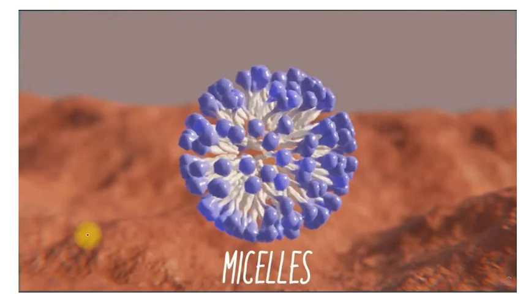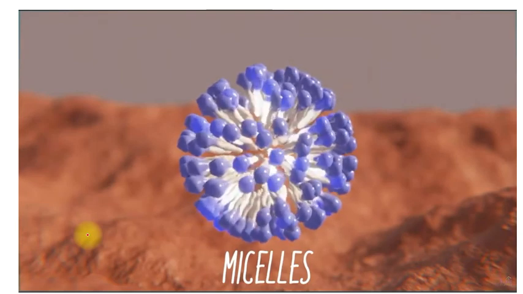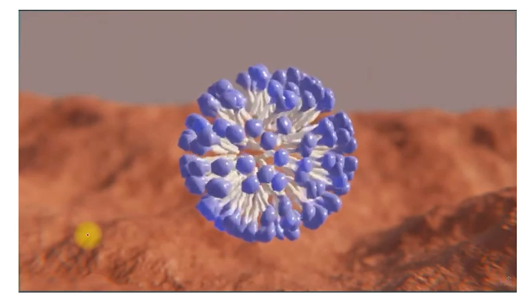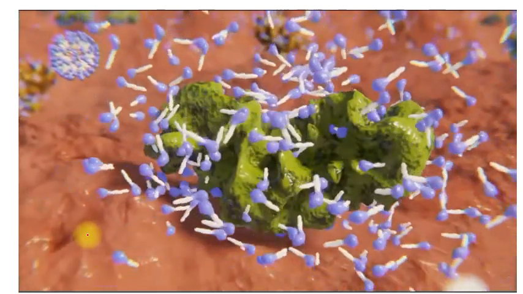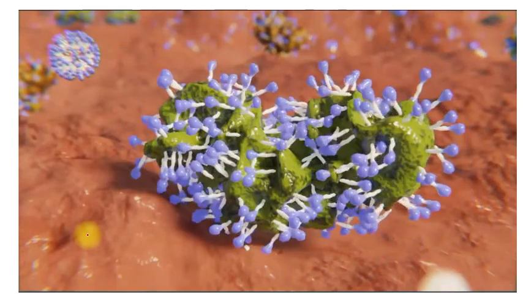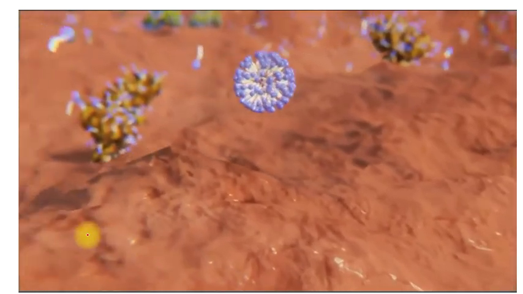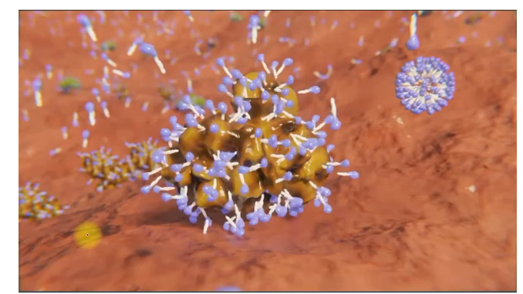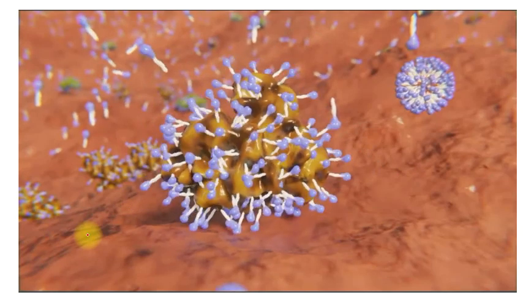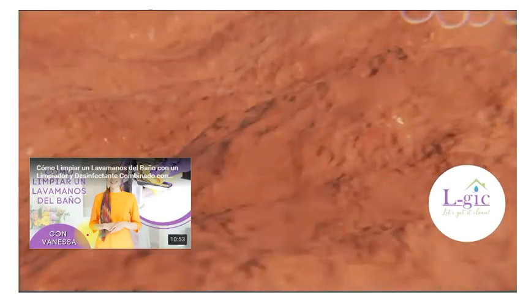If we take a closer look at a micelle, we see the water-loving heads on the outside of the beads closest to water and the water-hating tails on the inside of the beads keeping away from water. When cleaning a surface, the water-hating tail will attach to anything to get away from water. So when it finds grease and dirt on the surface, it surrounds and latches onto the dirt. And as we apply friction by scrubbing, it pulls it from the surface, causing it to float around in the soap solution. Then when you rinse the surface off with water, the grease and grime are then washed away.